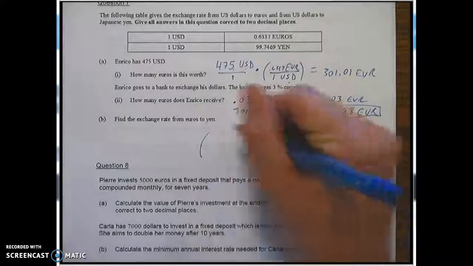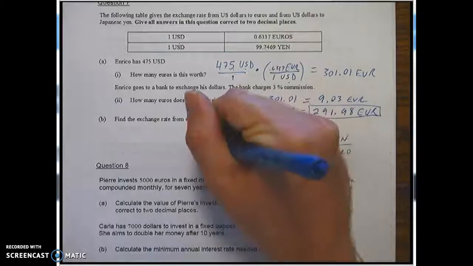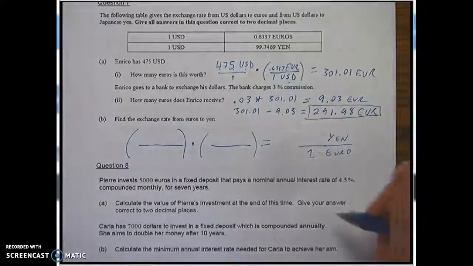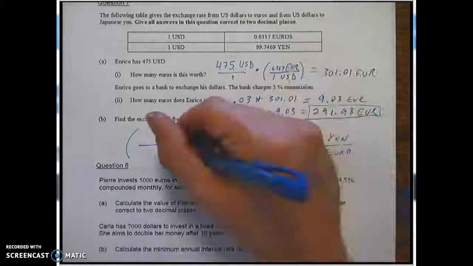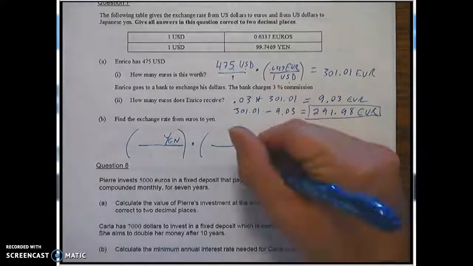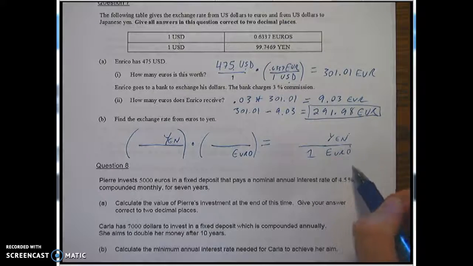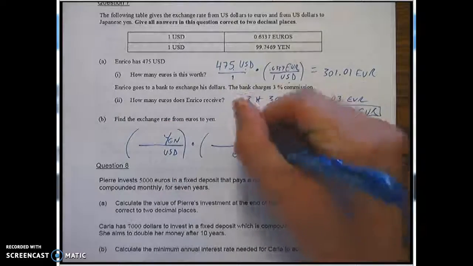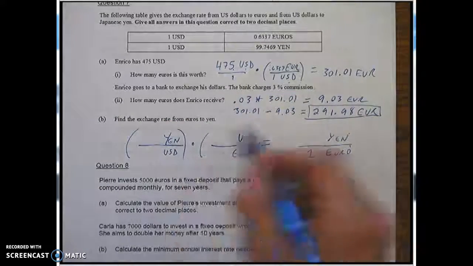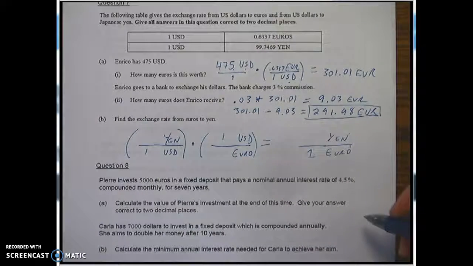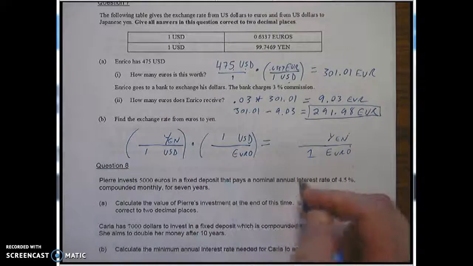So on this side, I want to have 2 ratios. The first one, I want to have yen on the top and euro on the bottom, so that my answer is yen to euros. Which means that here we've got to have US dollars and US dollars, so that these US dollars will cancel out. My exchange rate's 1 for both of these, and I just need to fill in the missing information.